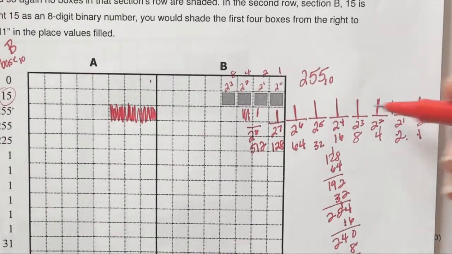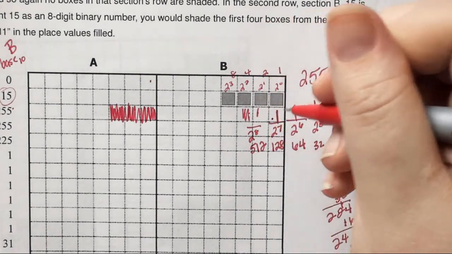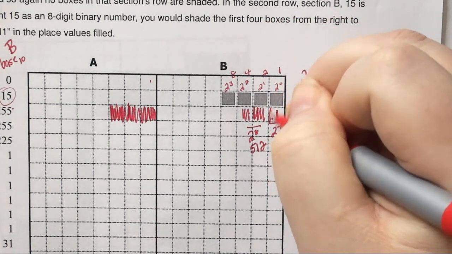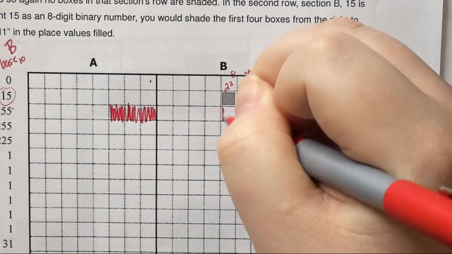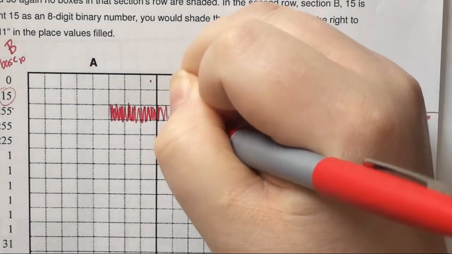So since I have ones in all of these spots, I'm going to color in 1, 2, 3, 4, 5, 6, 7, 8 boxes.